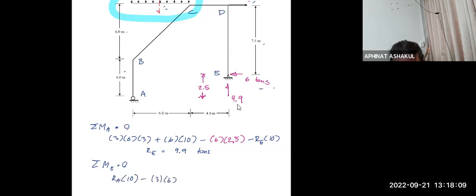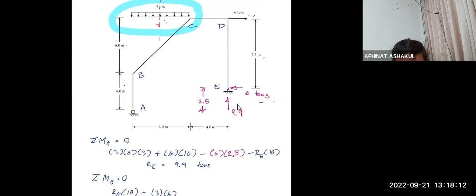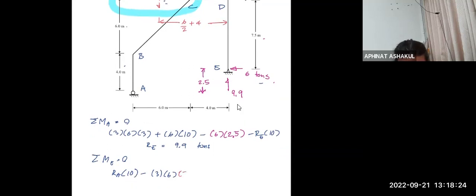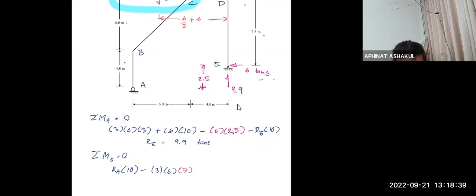But this time, when you take moment at E, the distance becomes 4 plus 3, right? 6.5 plus 4, so that's 7. Okay? And then minus, because they are now in the same direction, plus 6 multiplied by 7.5 equal to 0. So RA is 8.1 tons.